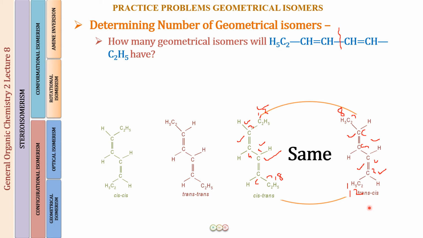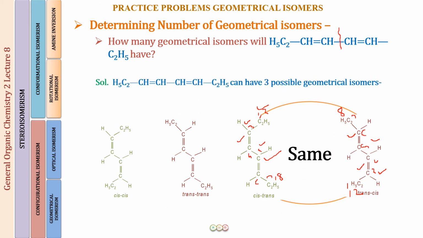But if you see from this side, this is also a cis and a trans, and both being symmetrical structures, this is going to be the same. So the number of geometrical isomers possible for octa-3,5-diene is going to be 3.